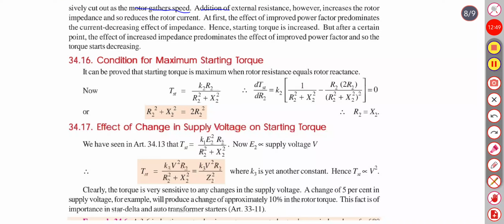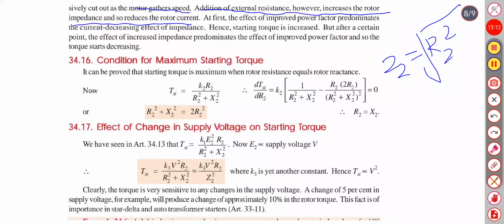Addition of external resistance, however, increases the rotor impedance and so reduces the rotor current also. Because if we are increasing the rotor resistance, Z2 will also increase, because Z2 is nothing but the square root of R2 square plus X2 square.